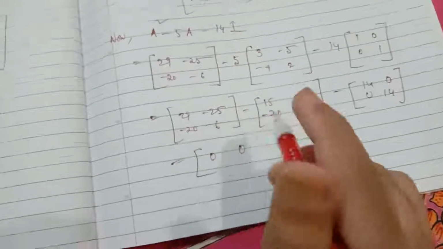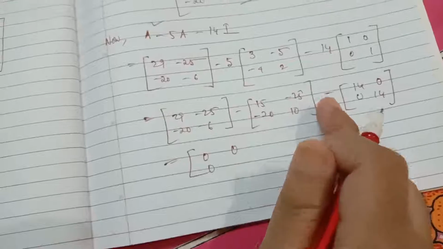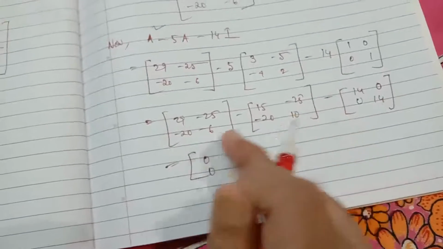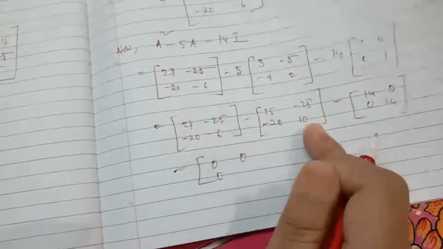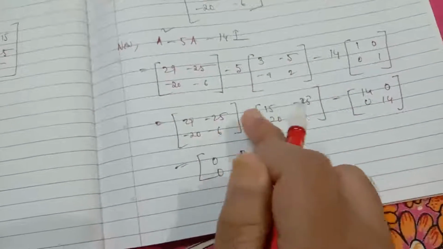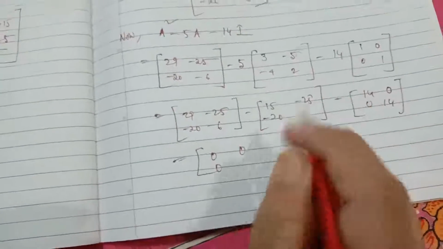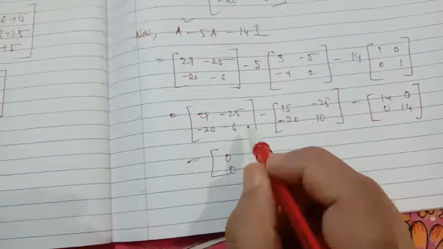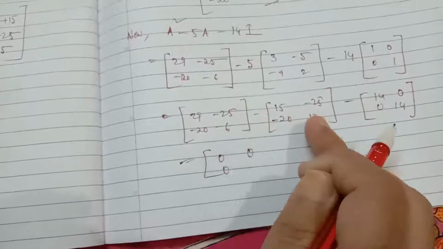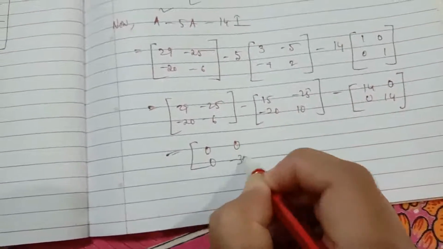Minus 20 plus 20, this is 0. And minus 6 minus 10 minus 16 minus 49. I don't know whether I have committed a mistake or not.